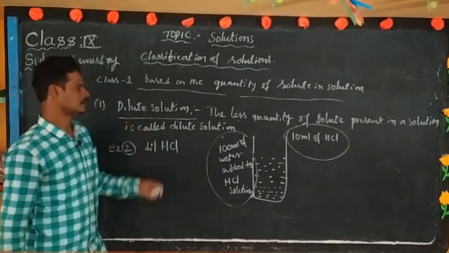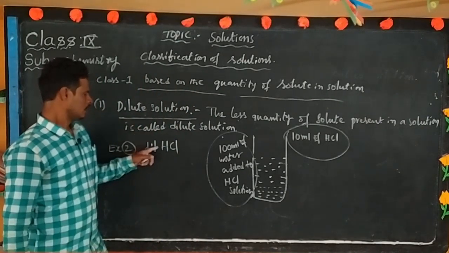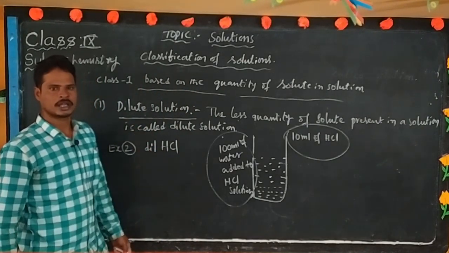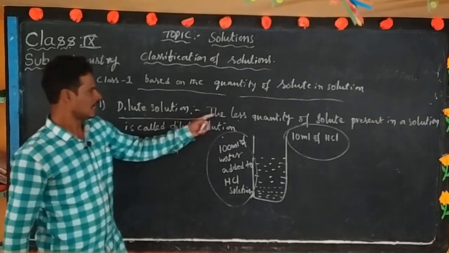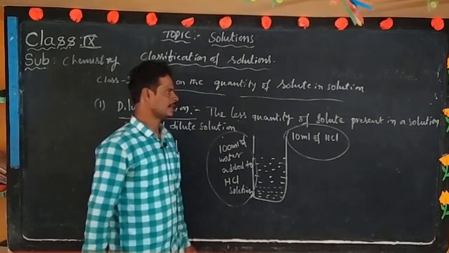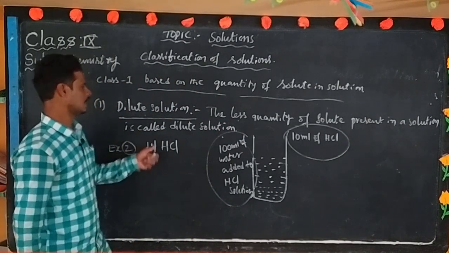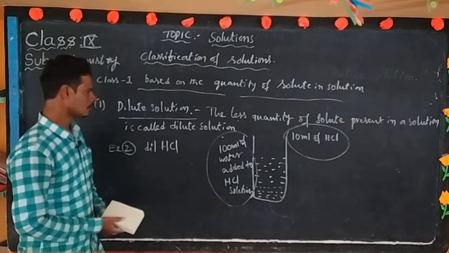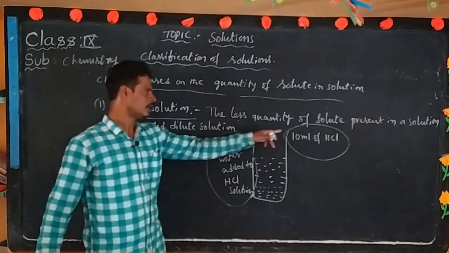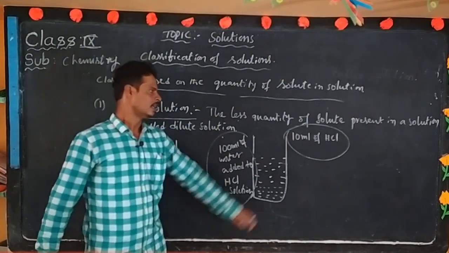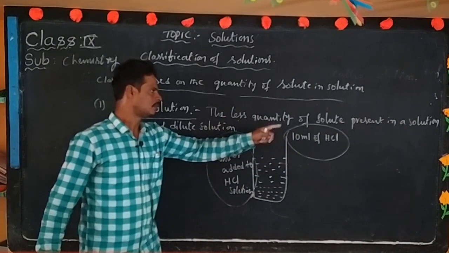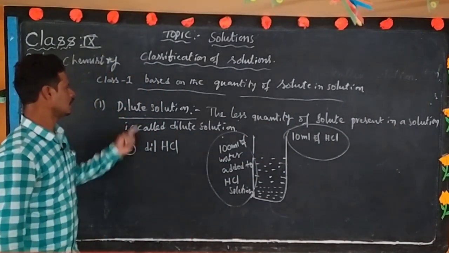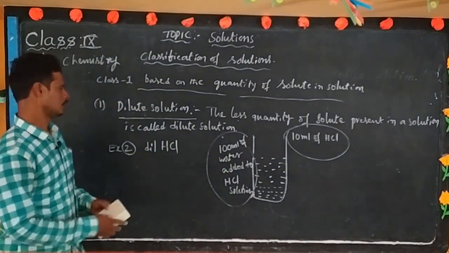That's why it is called a dilute solution. The lesser quantity of solute present in a solution is called a dilute solution.